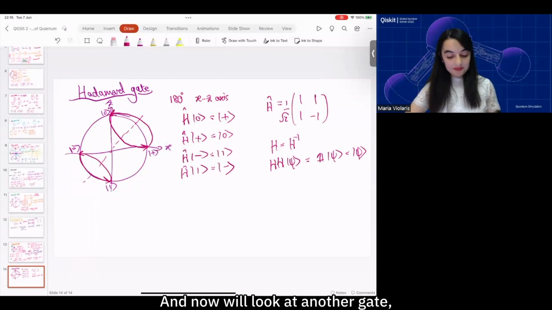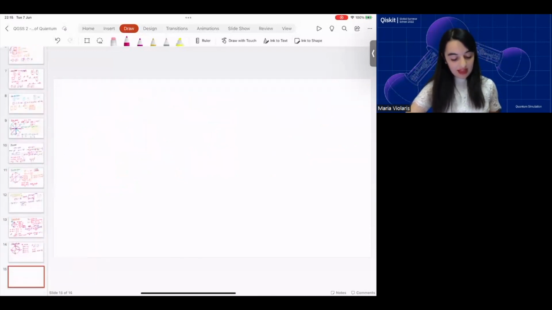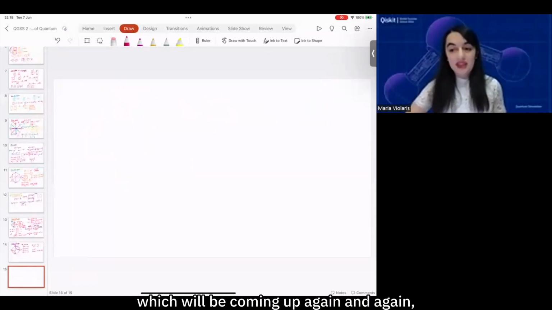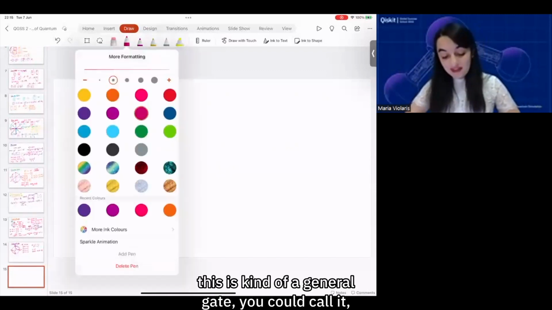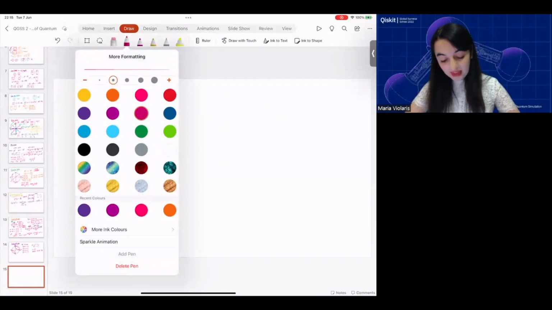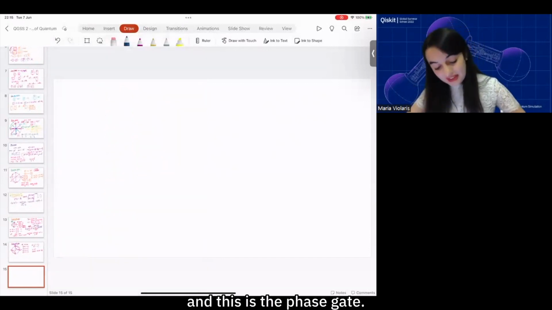And now we'll look at another gate which will be coming up again and again. This is kind of a general gate, you could call it. And this is the phase gate.